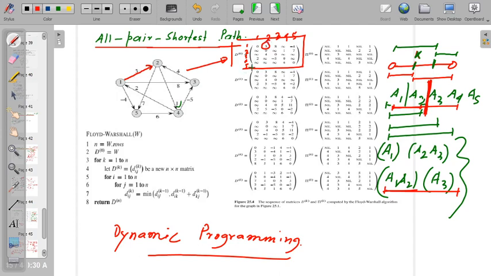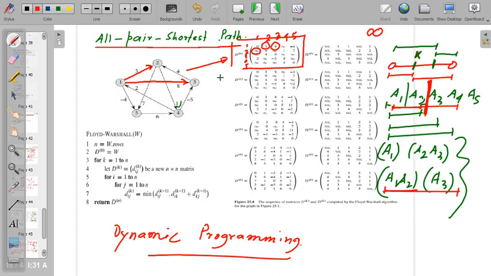And then 1 and 3 also have a path, and its path cost is 8. So 8 is documented here. Like this way, and say 2 and 1. 2 and 1 do not have any edge directly, so I have put a large cost for it, that is infinite.